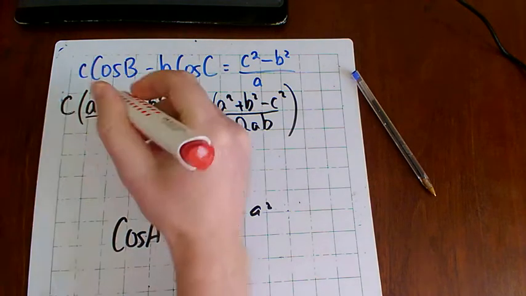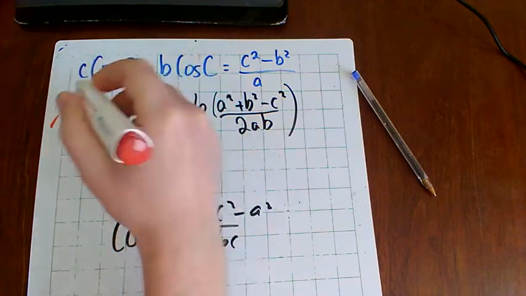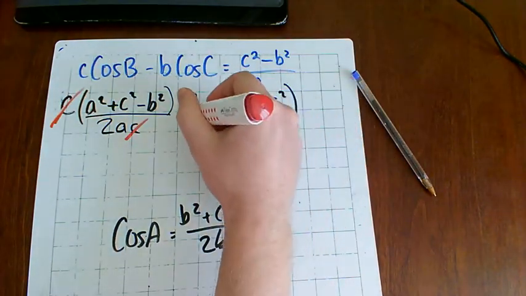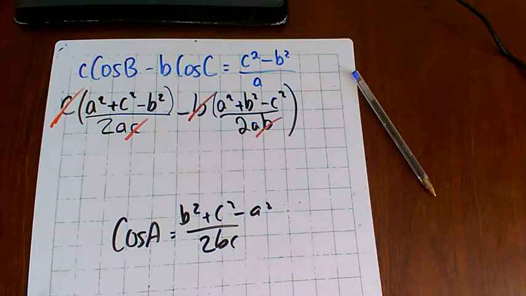I know now that this c will cancel nicely with that c, that b will cancel nicely with that b, and now I'm just going to multiply out the brackets.